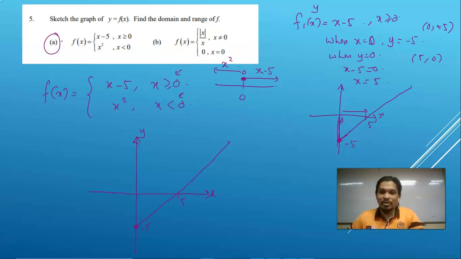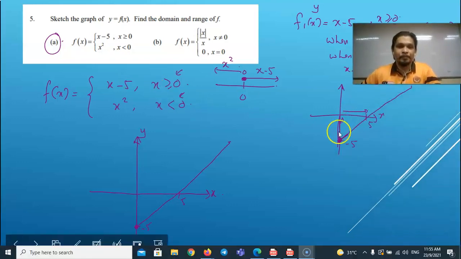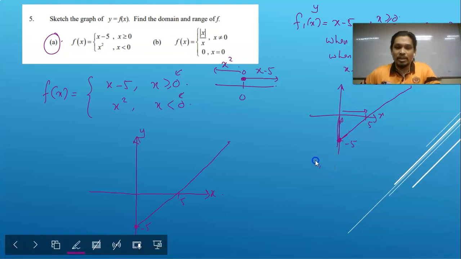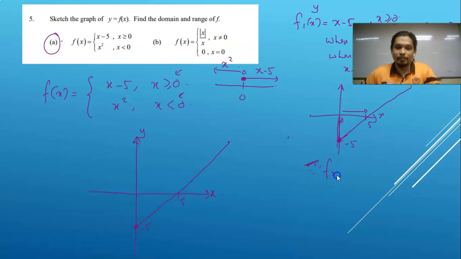And now, the second function, f2(x), x squared. Okay, the graph for the function of x squared is a curve, something like this.